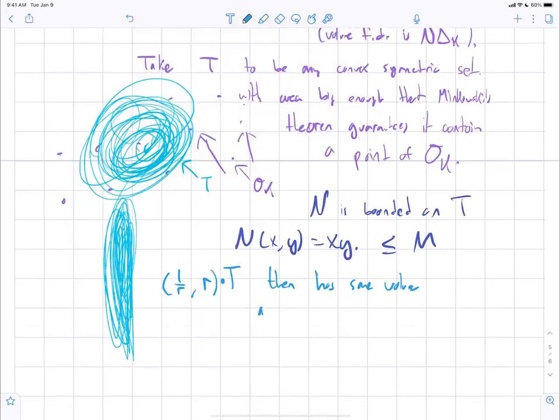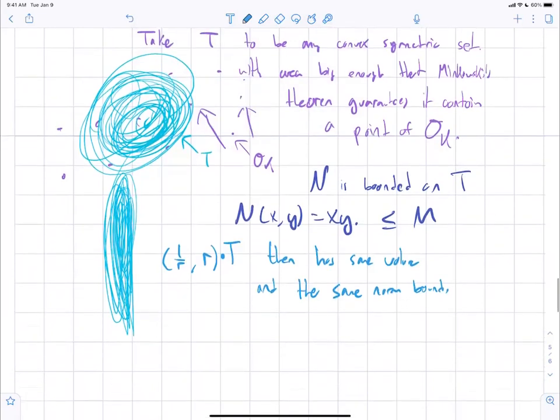And the same bound on the norm. Okay, so this has the same volume, the same bound on the norm.